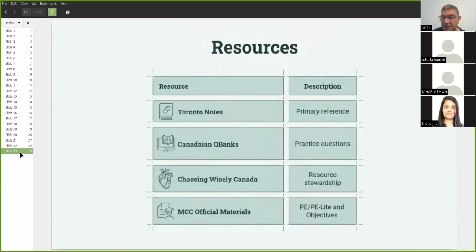And these are the resources for preparing for this exam. The primary reference can be Toronto Notes. You can use practice questions, which we will provide you the questions every night.